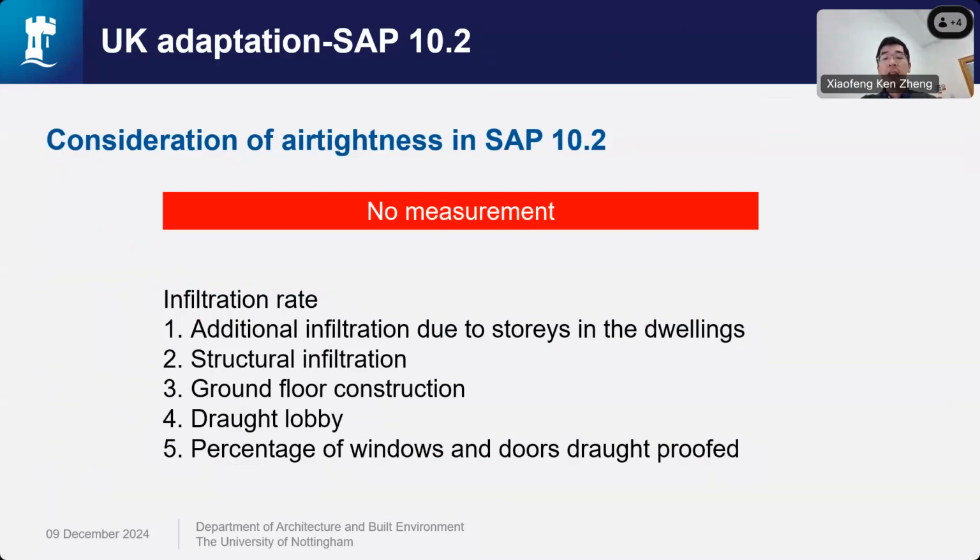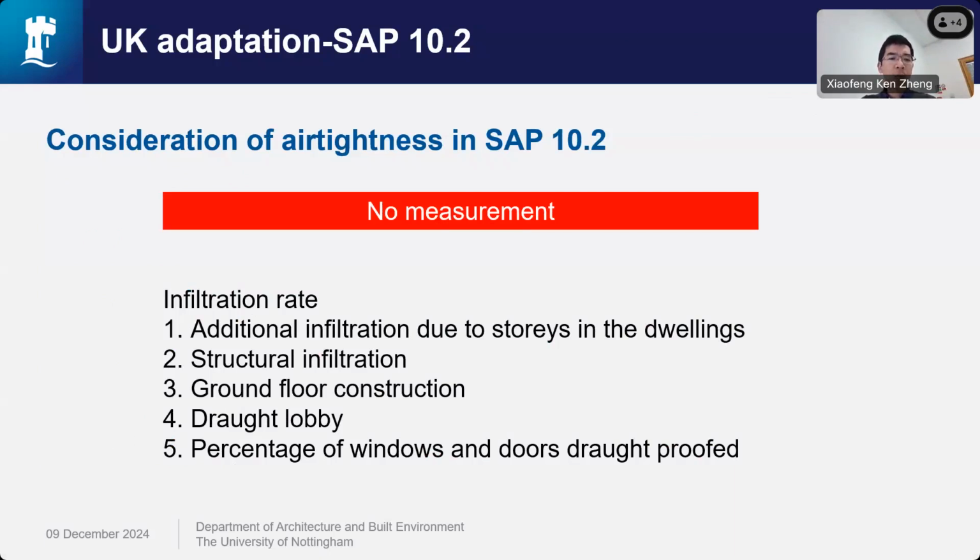It's currently done in 2 different scenarios. When a measurement is not taken, and by measurement I mean airtightness, infiltration is estimated using empirical values assigned to different building elements and functions. Here are at least 5 of them.